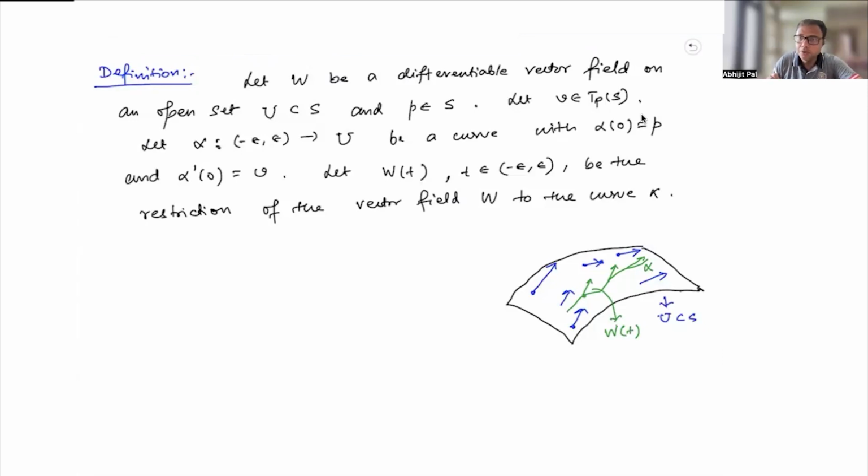All right. So this W is a differentiable vector field, so I can talk about the derivative of this capital W. So if I take the derivative of this W, it will be a vector in R3.